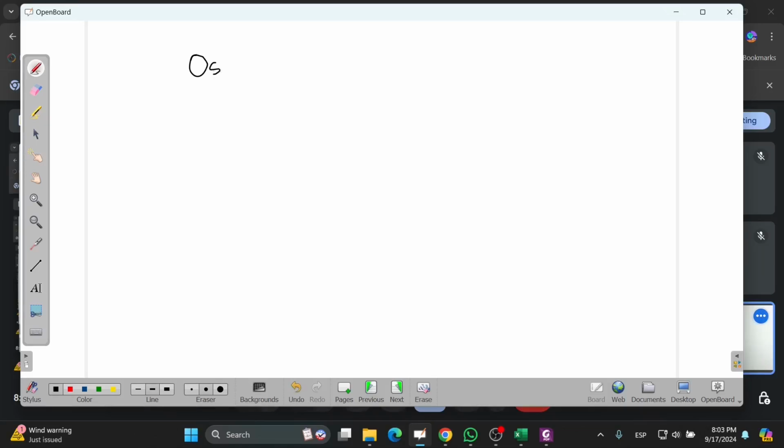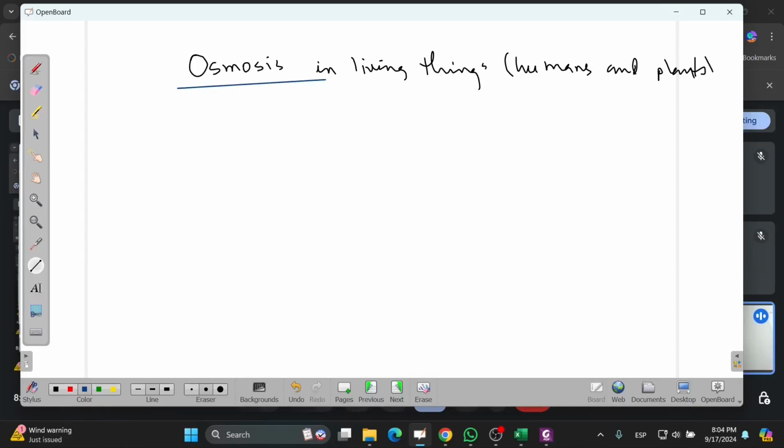Osmosis in living things. Like here we are going to refer to humans and plants, right? But when it comes to osmosis, we know it is the movement of water. So every time water goes in and out of the cells, right, that is osmosis.